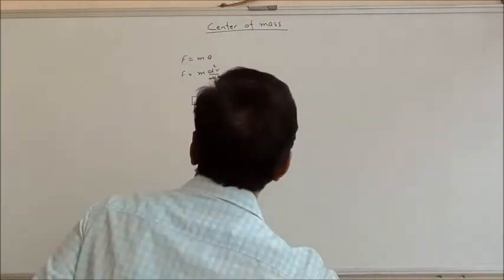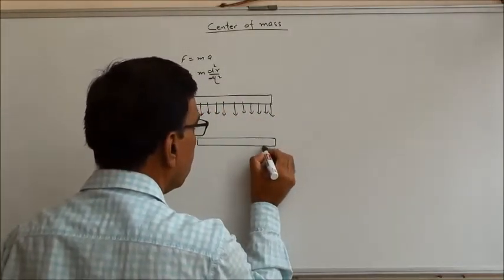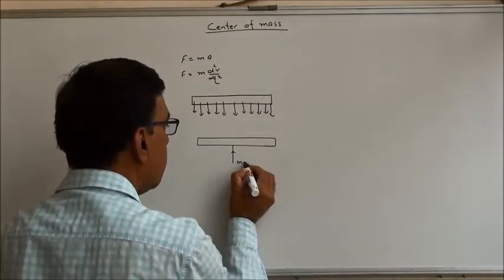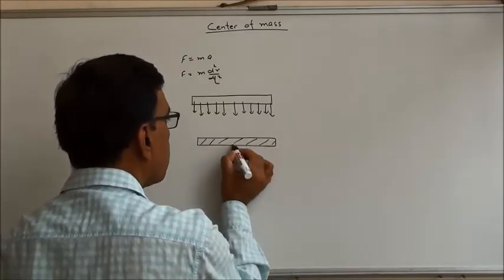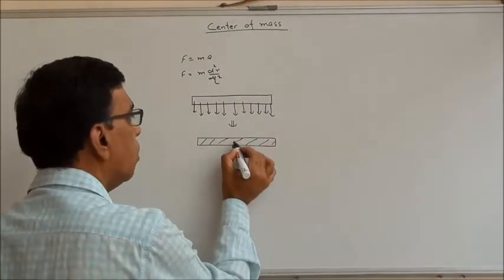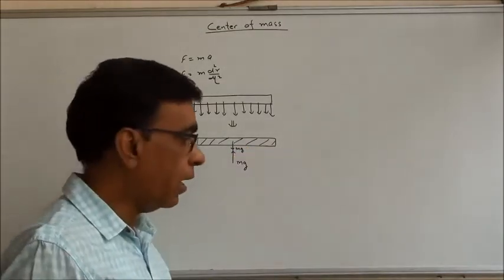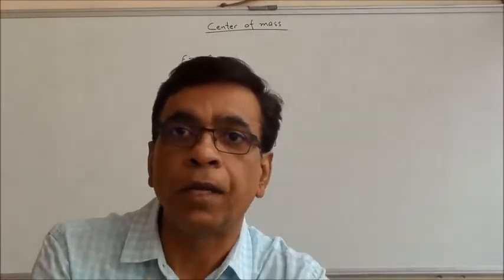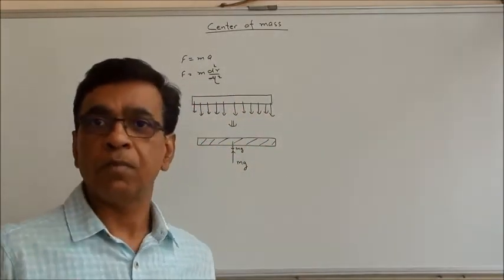The force is acting at different points, but I can balance it by applying a force equal to the total weight of this object at just one point. So it is equivalent to this one. A downward force is acting, and if I apply an upward force at that point equal to the total weight of the body, the body is balanced, so net force becomes 0.